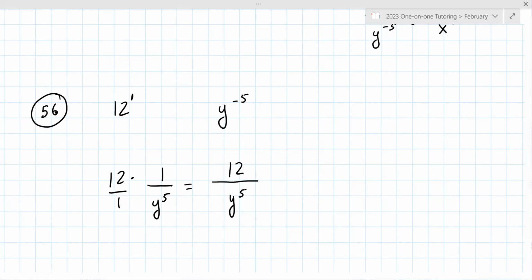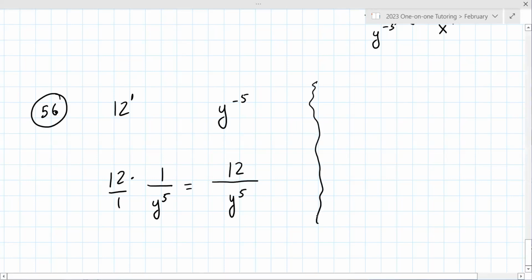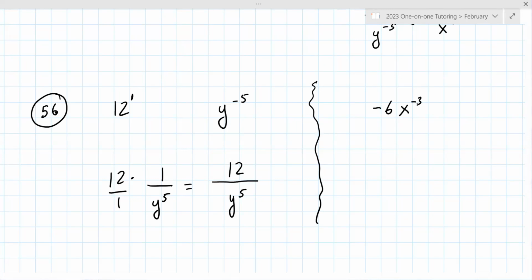Yes. Okay. So just to see if you got that down, let's do -6x to the -3. Can you simplify that for me, please? So would you keep the -6 the same?